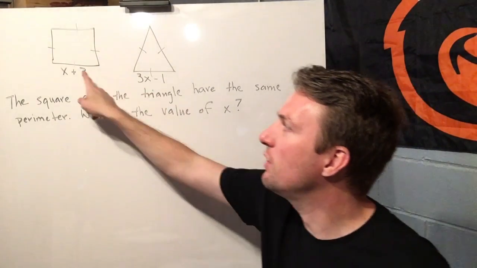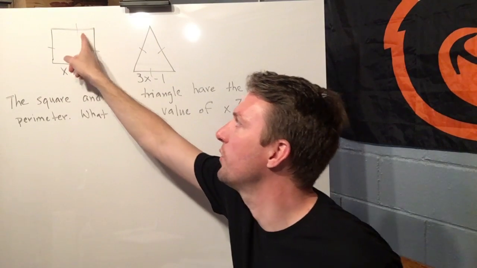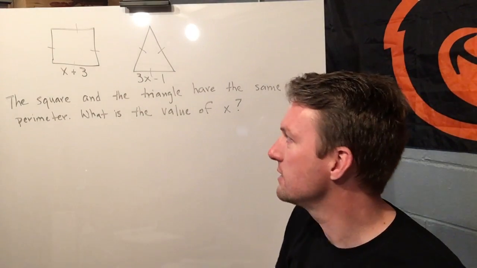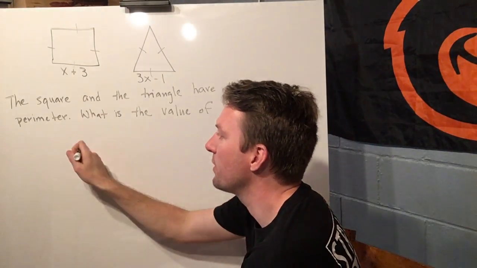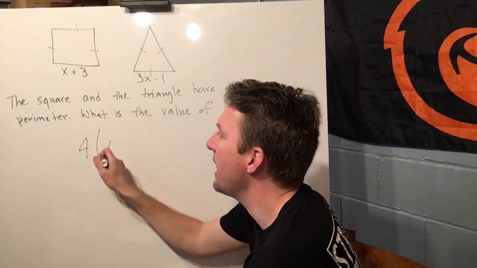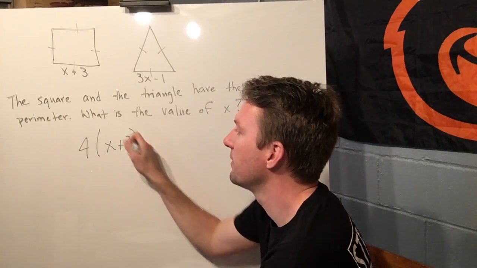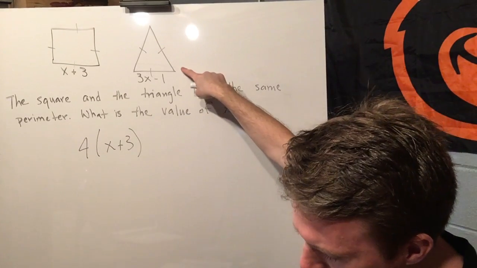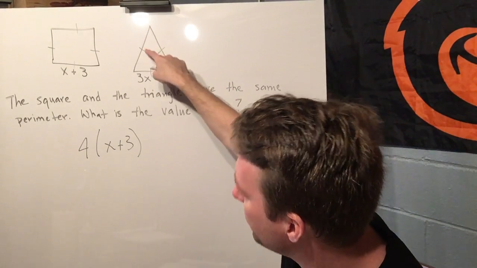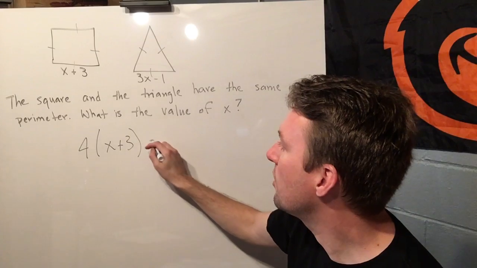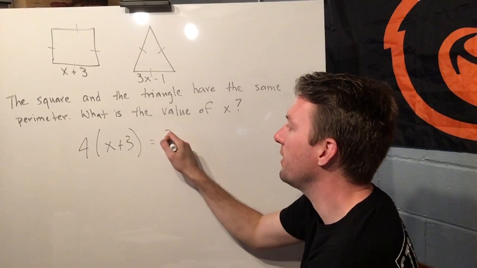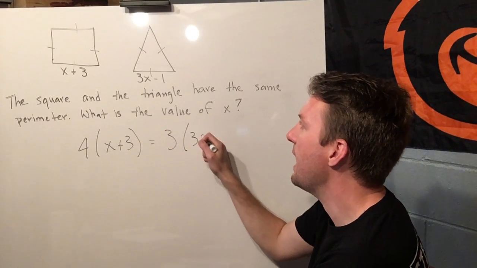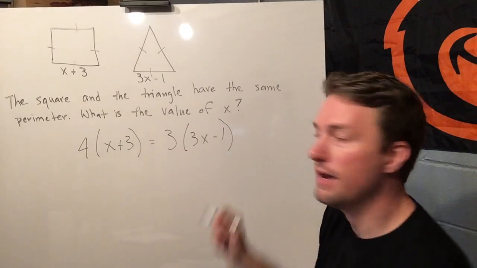The square has 1, 2, 3, 4 sides, so we could say the perimeter would be 4 times (x plus 3). The triangle has 1, 2, 3 sides, so its perimeter would be 3 times (3x minus 1). Make sense?